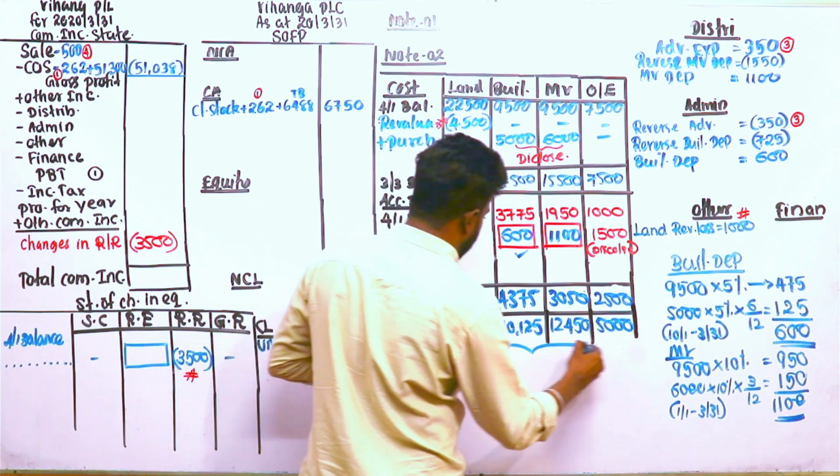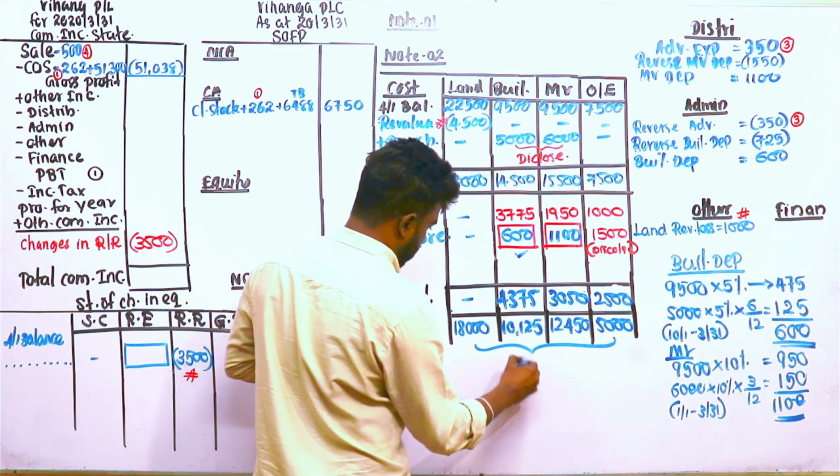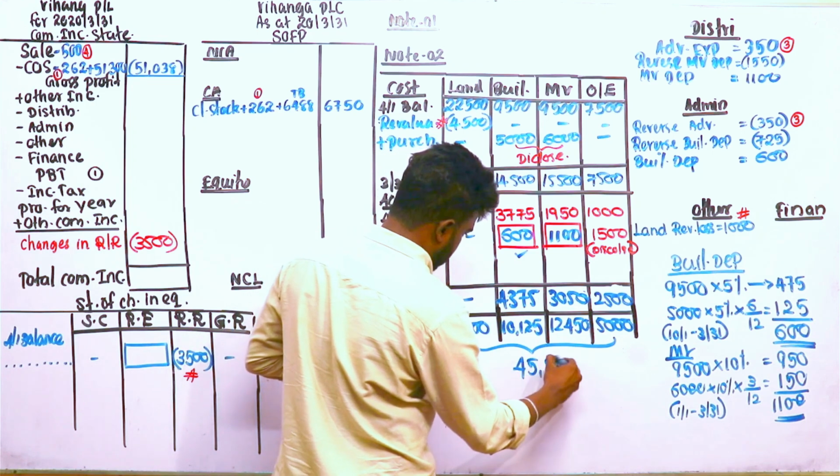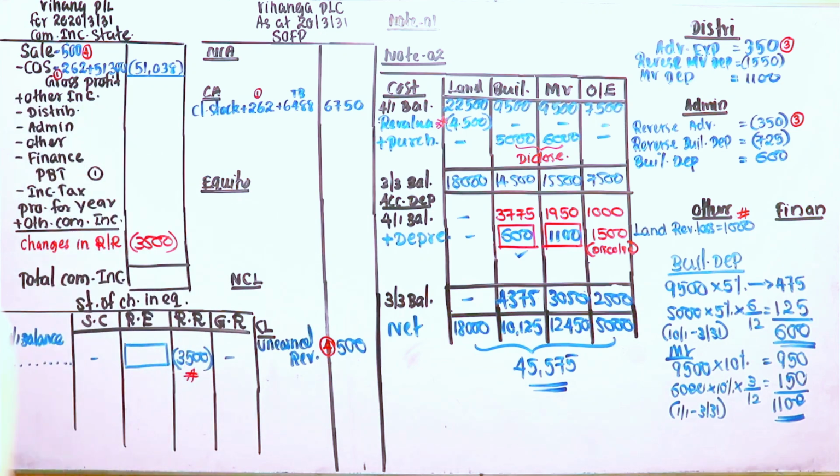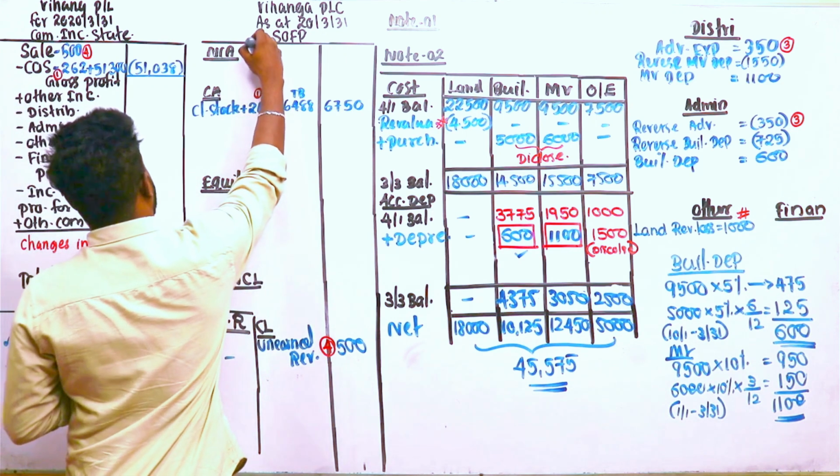What's the total of net values? 45,575. Yes, recorded under non-current assets.